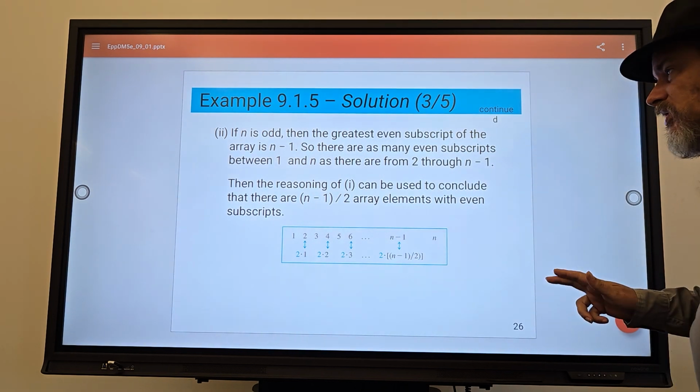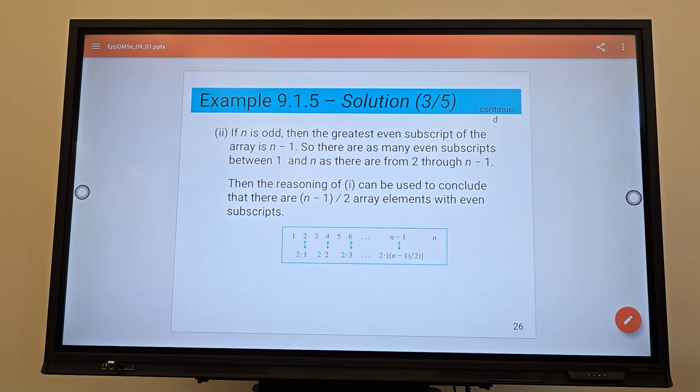If n is odd, then the greatest even subscript of the array is n minus 1. So there are as many even subscripts as there are integers from 1 to (n minus 1) over 2. The same reasoning can be used to conclude that there are (n minus 1) over 2 array elements with even subscripts.